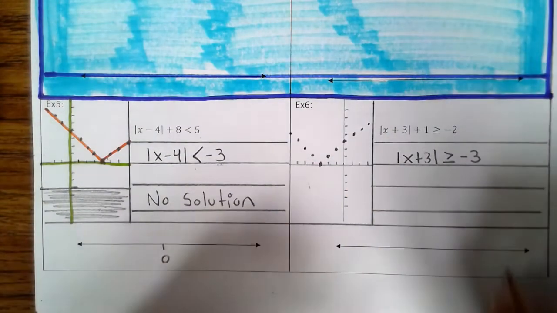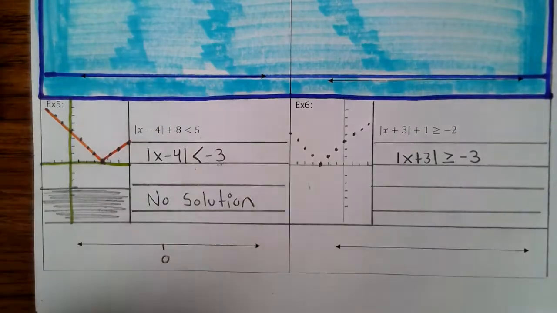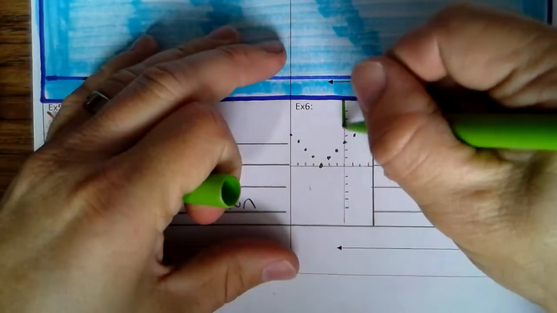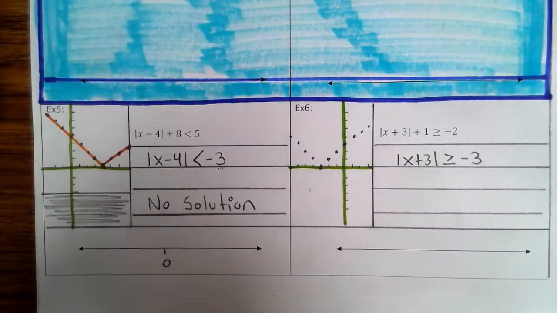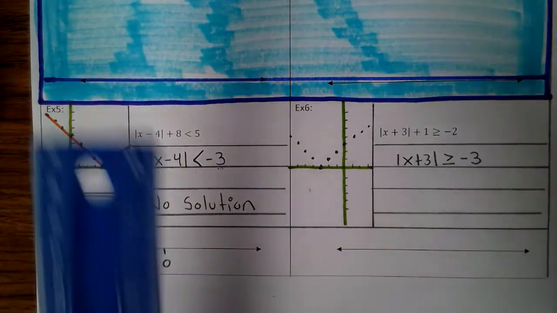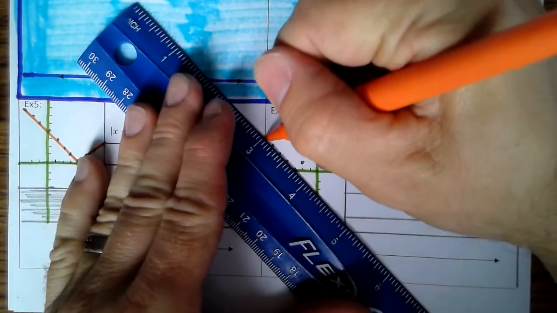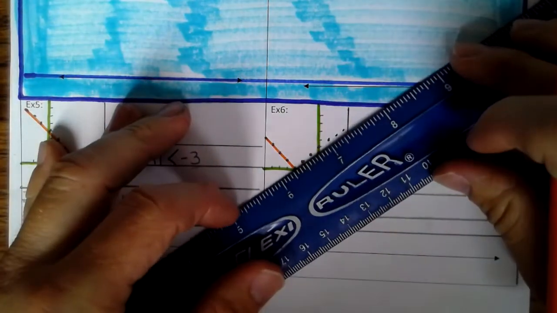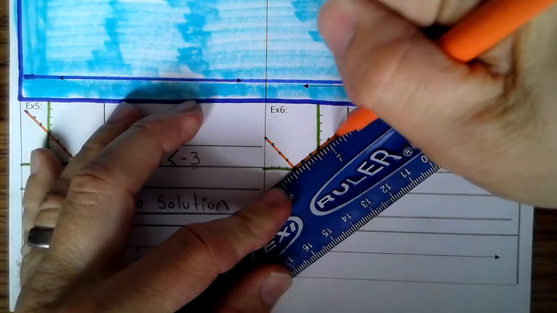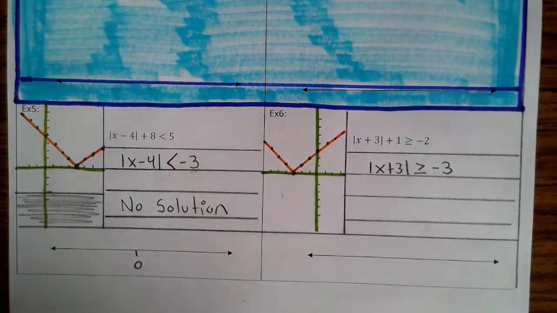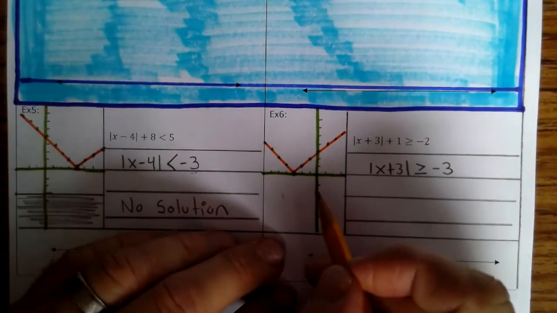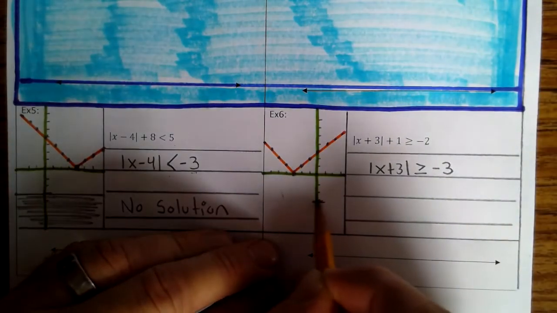You're just sketching. You want it to be reasonably accurate, but it doesn't have to be completely or precisely accurate. Just be pretty close. All right. So here we have a horizontal line, negative 3, 1, 2, 3.